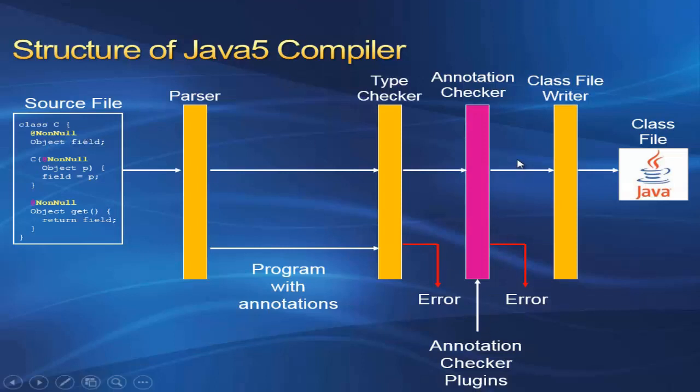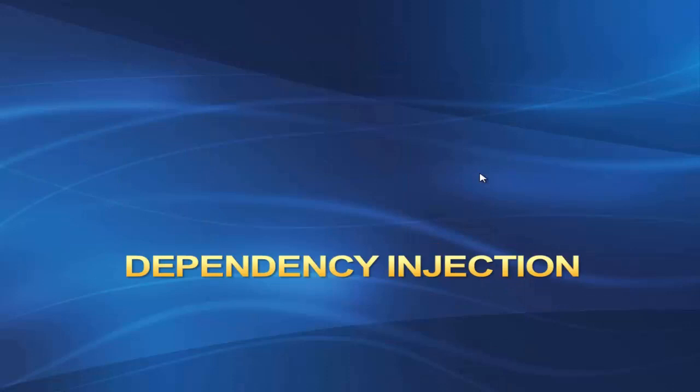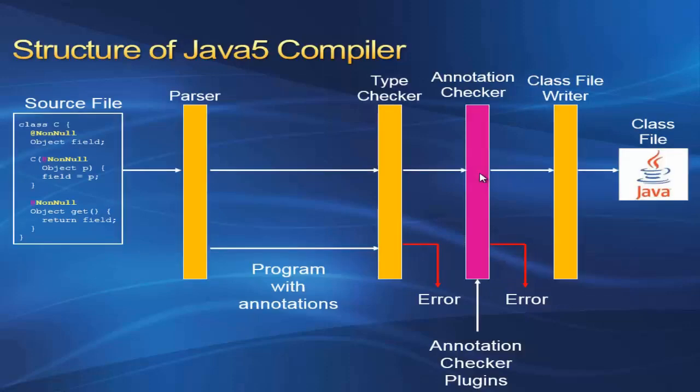If there is no error, and if the annotation checker says that the annotations are proper, that it is able to understand what this annotation is all about, it will go to the class writer and it will create the Java class for you. So this is the idea of annotation. Annotation is a way in which you describe something to the compiler or to the runtime environment or to the container.